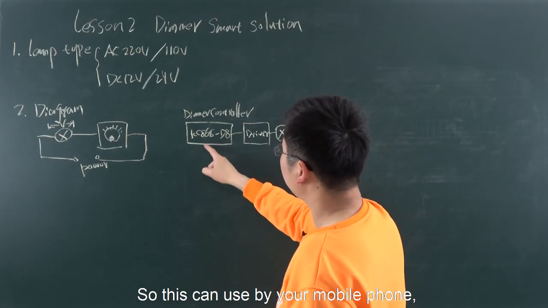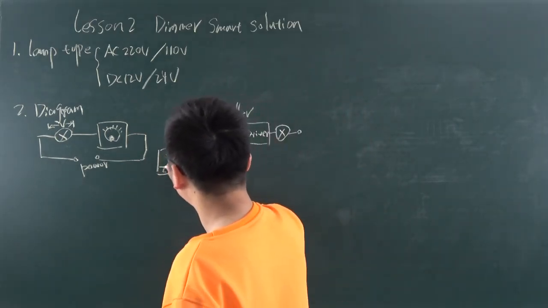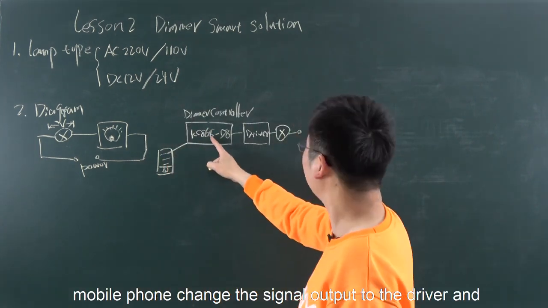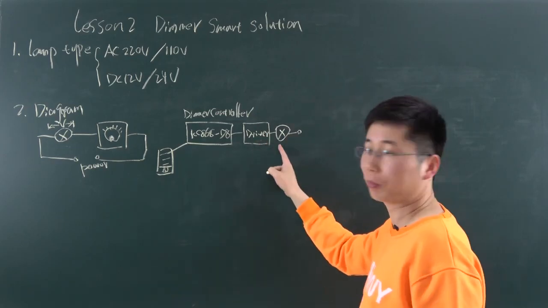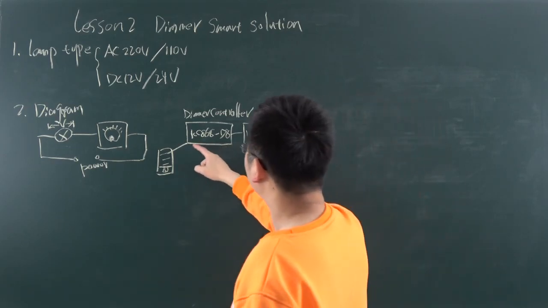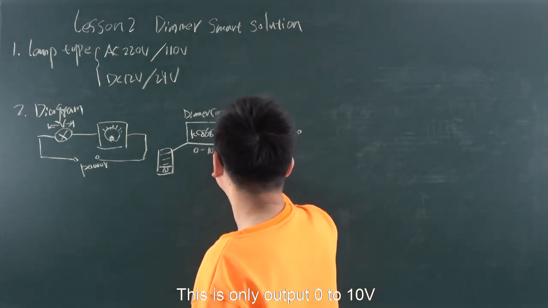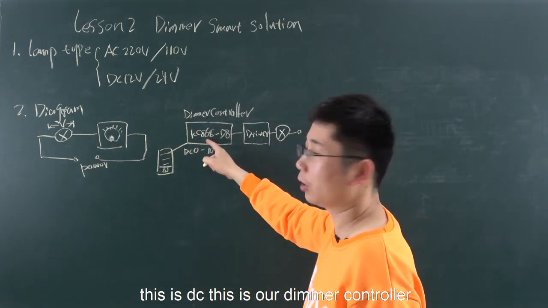This can be used with your mobile phone. The mobile phone changes the signal output to the driver, and the driver controls the lamp. This only outputs 0 to 10 voltage DC. This is our dimmer controller.